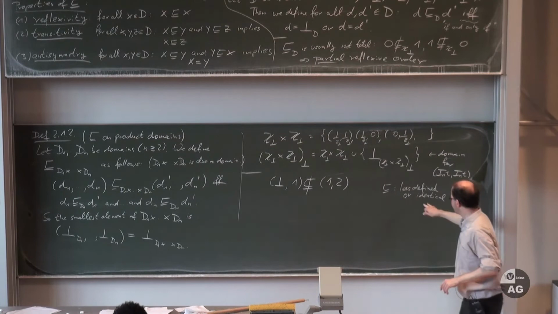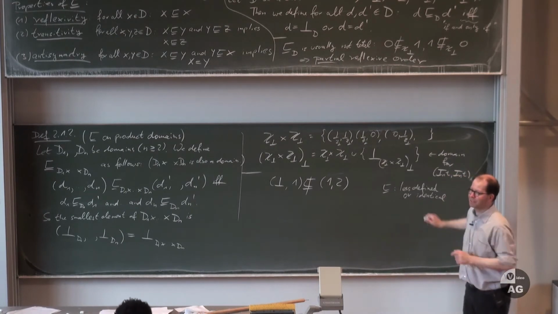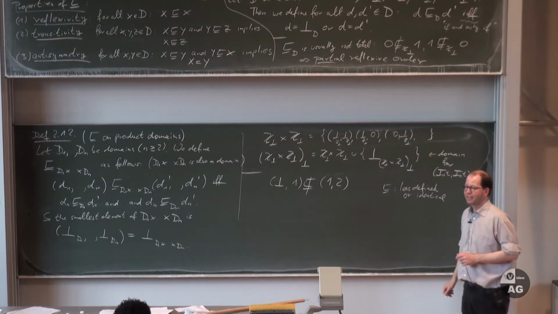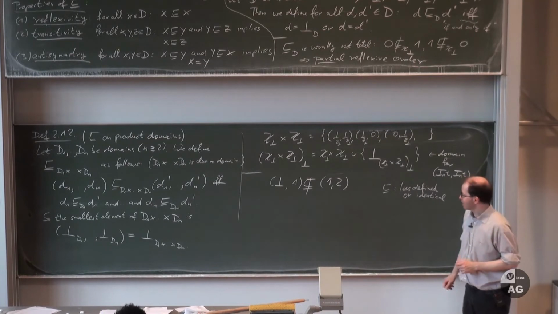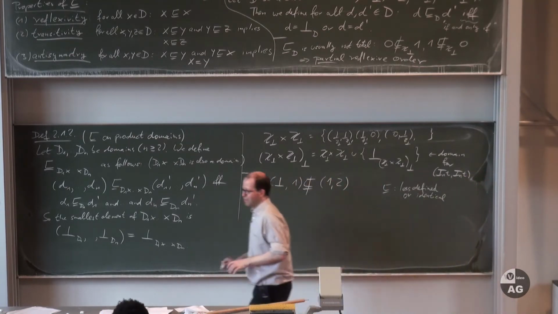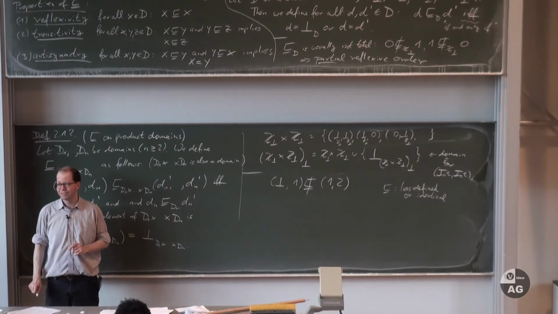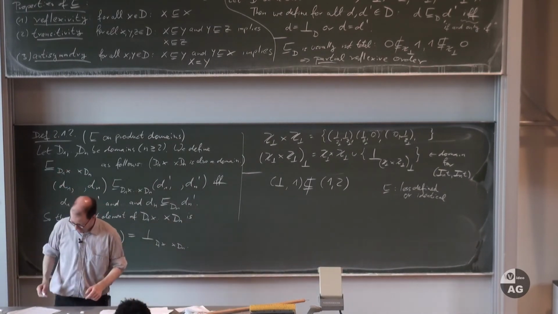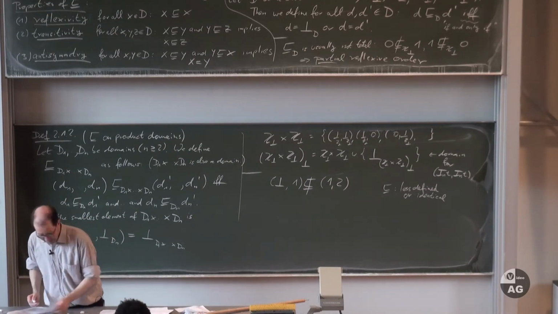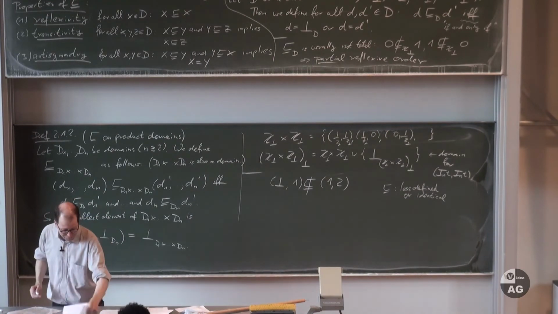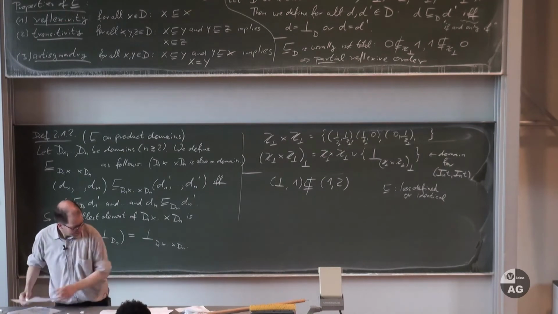Okay, maybe writing equal here is confusing. Replace it by identical. That makes it clearer, maybe. Okay, so this is really something you have to keep in mind. 1 is not less defined or equal to 2. And 2 is not less defined or equal to 1. Okay, but after a while you get used to that, I hope.